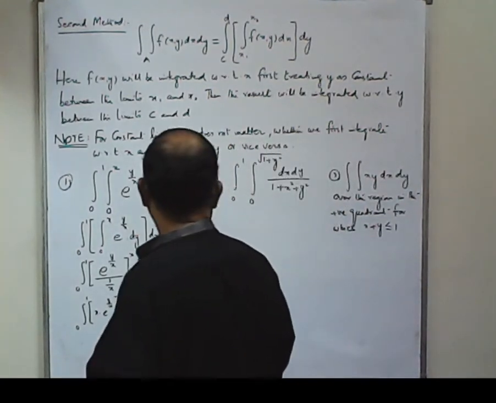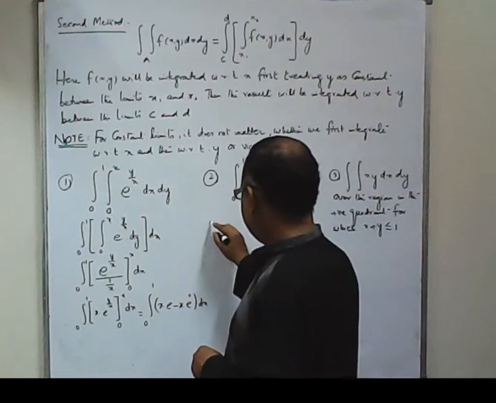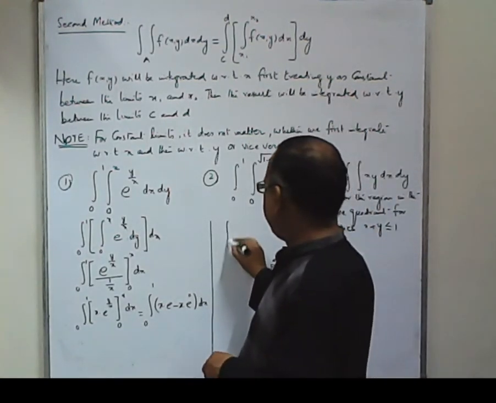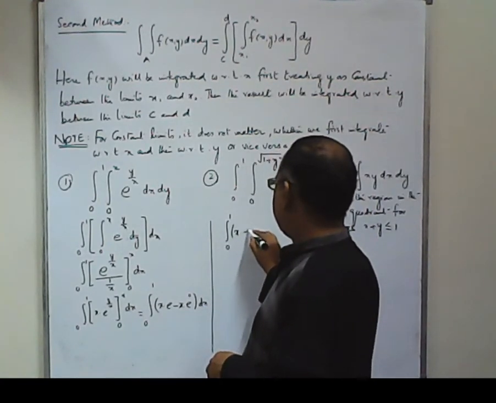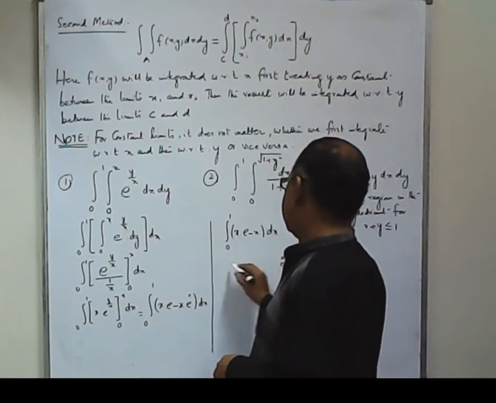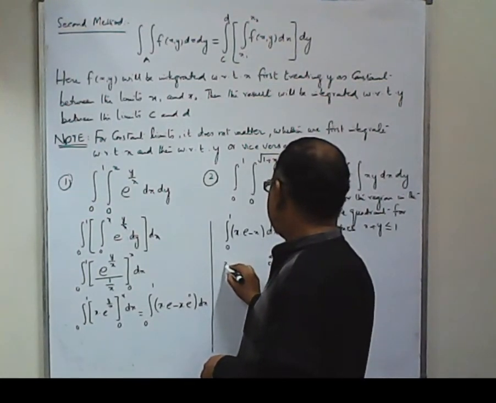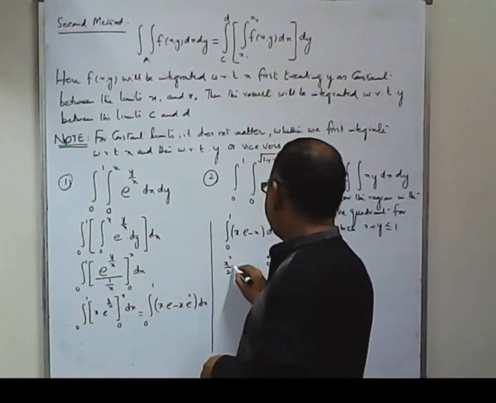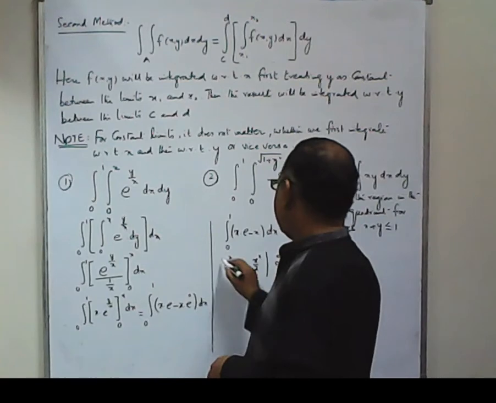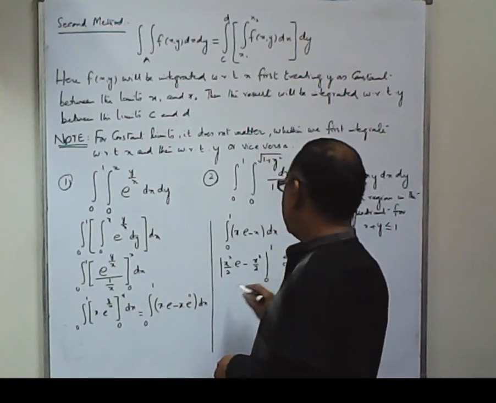So now I am solving here. We have 0 to 1 x into e minus e power 0 is 1, x dx. So now integrating, it is x square by 2 into e minus x square by 2, and limits are 0 to 1.